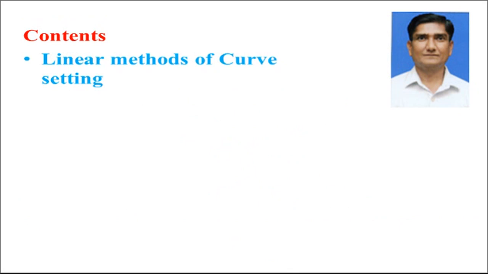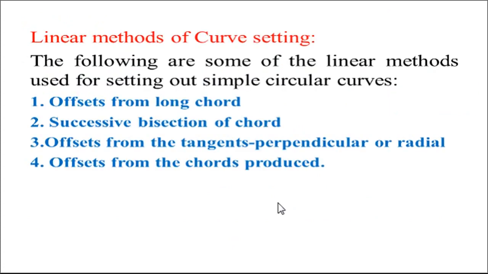In this lecture, we are going to study linear methods for curve setting. Linear methods of curve setting may be classified into four categories. A simple circular curve can be set by four methods.